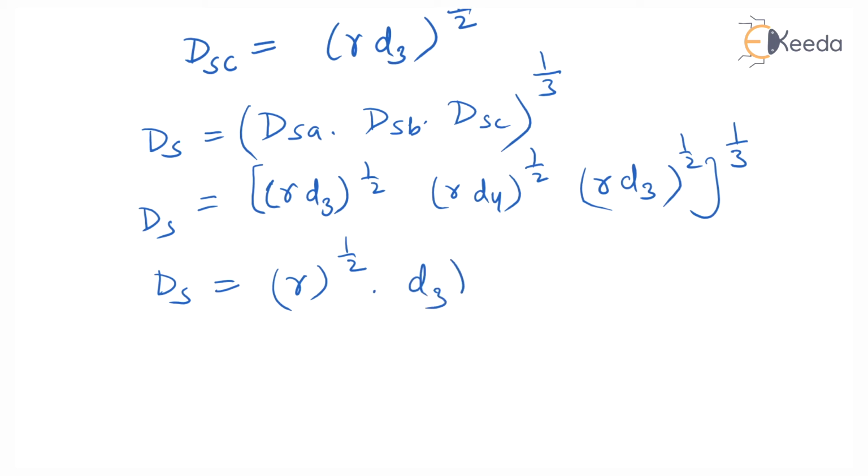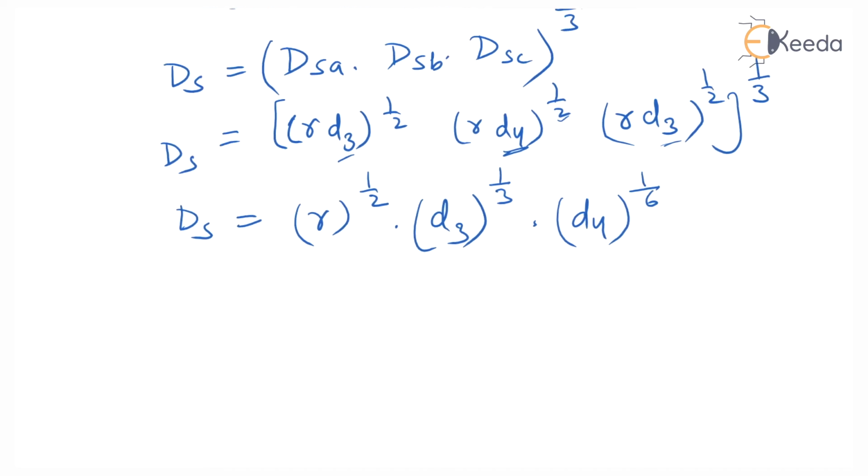Now D3 to the power 1 by 3 into D4 to the power 1 by 6, because D4 is single, so D4 is 1 by 2 into 1 by 3, which is 1 by 6. And for D3, this D3, this D3, so 2 into 1 by 2 into 1 by 3, the 2 cancels out, means 1 by 3. So suppose this is equation number 5.